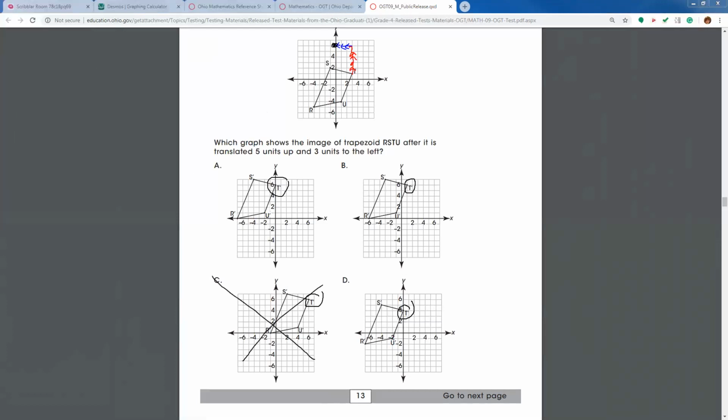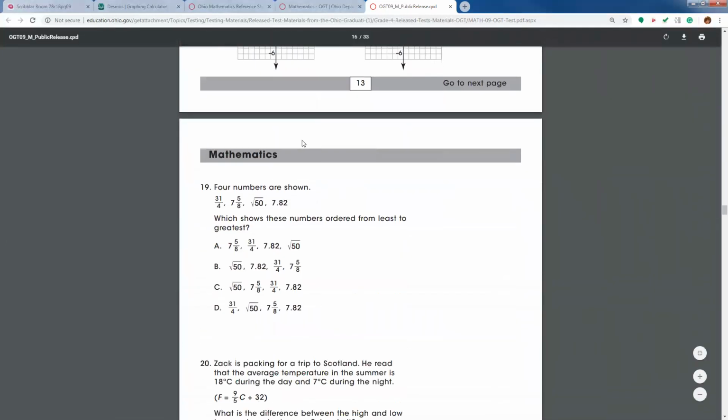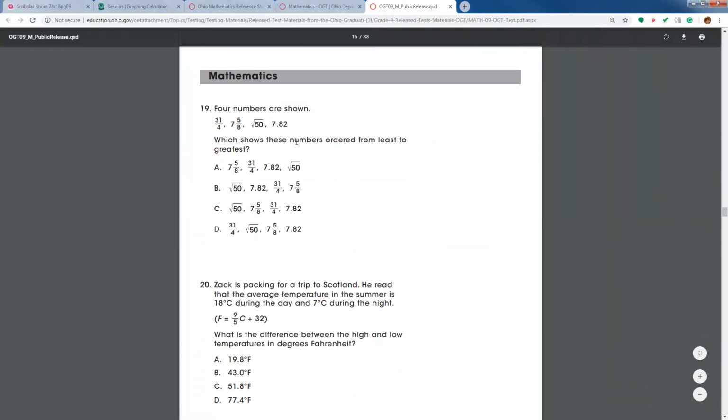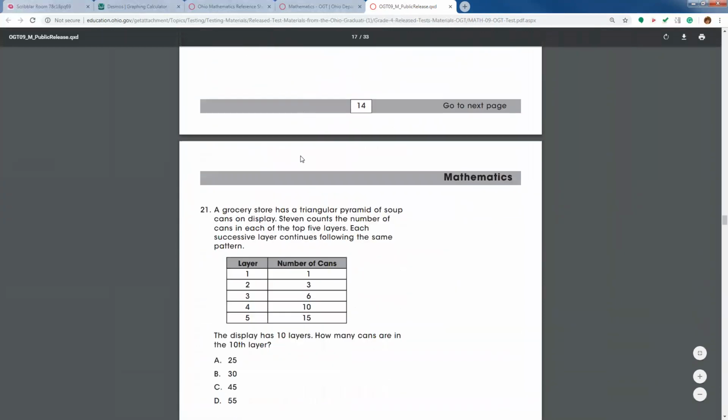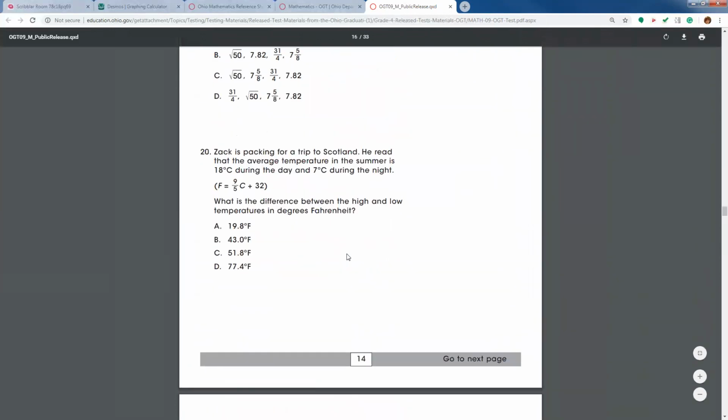Let me clear what I drew, though. So let's just do this random one. It's not 19? Okay, we had a request. 19.